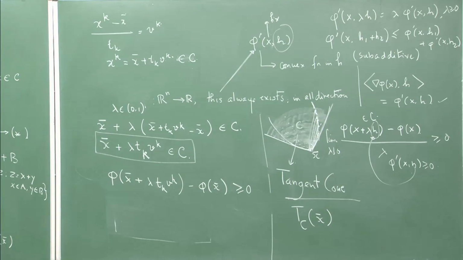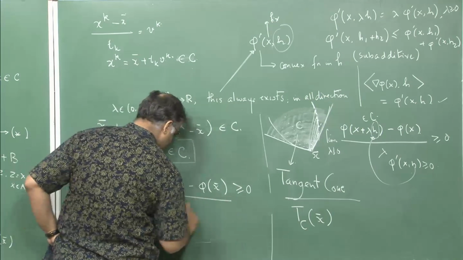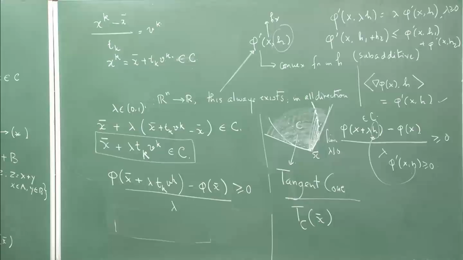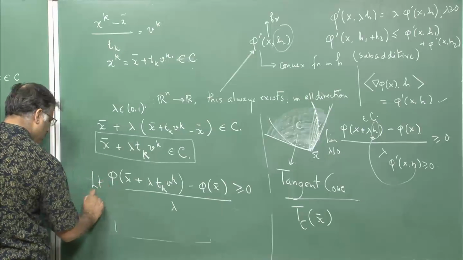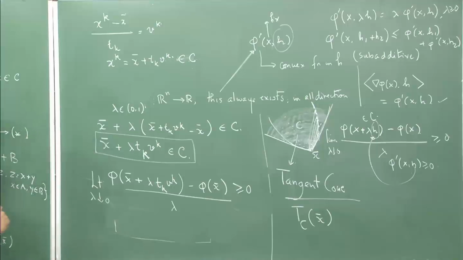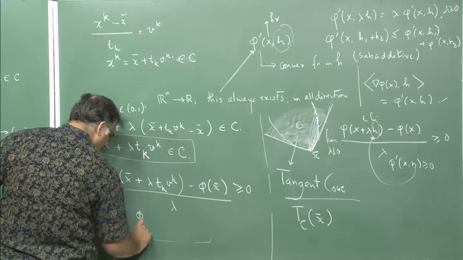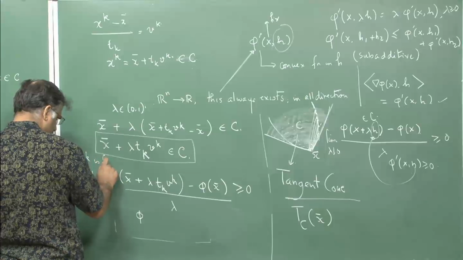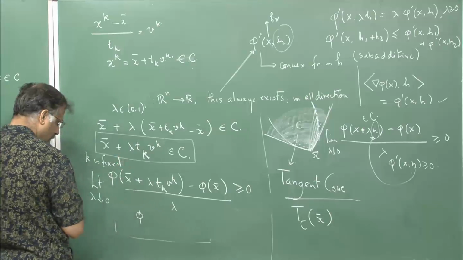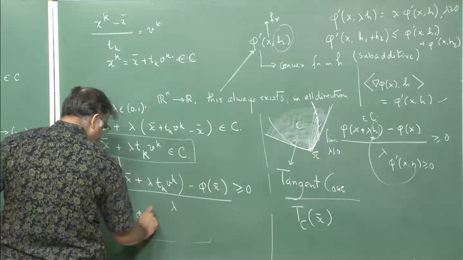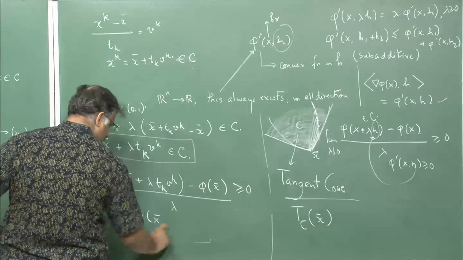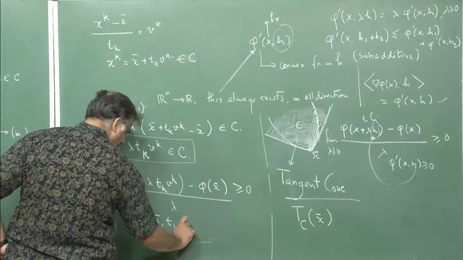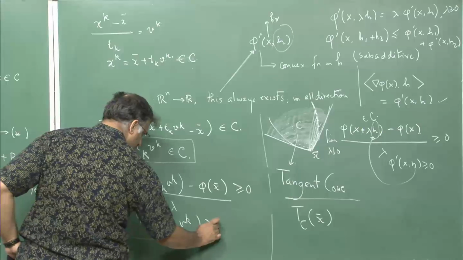Now, if I divide this by lambda and take the limit as lambda tends to 0 from above, with k fixed, this will give me that phi dash of x bar, Tk Vk is bigger than or equal to 0.